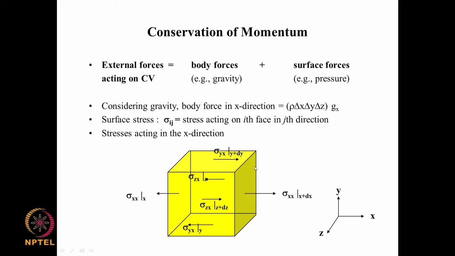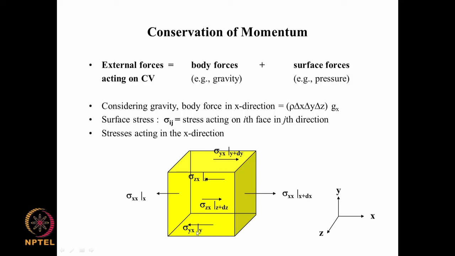Similarly, the back face is a negative face, so sigma zx is acting in the negative x direction, and the front face has a stress acting in the positive x direction, given by sigma zx. So these are the different stresses acting on this.